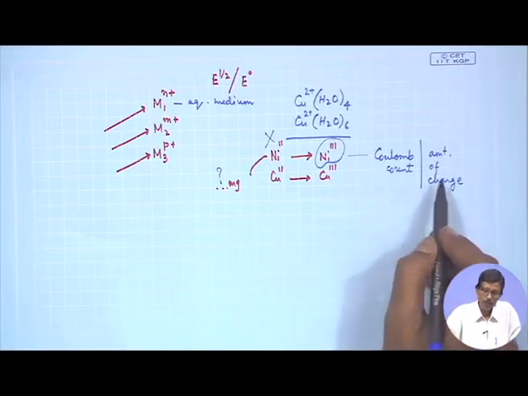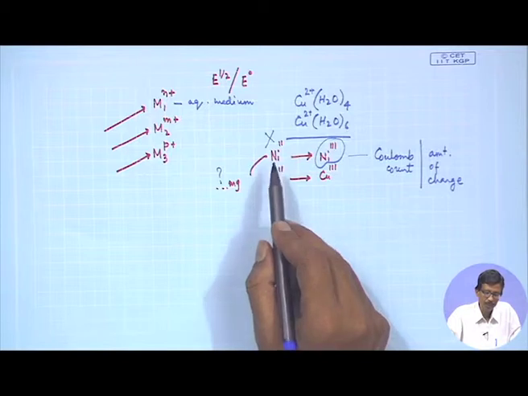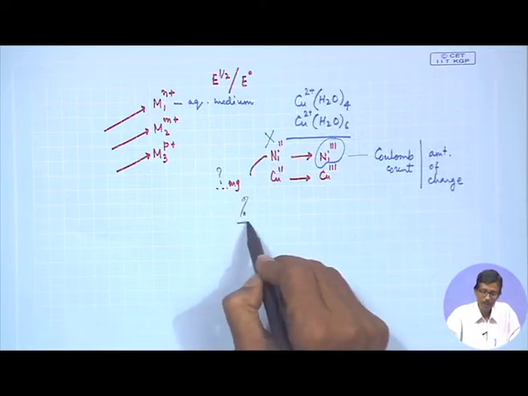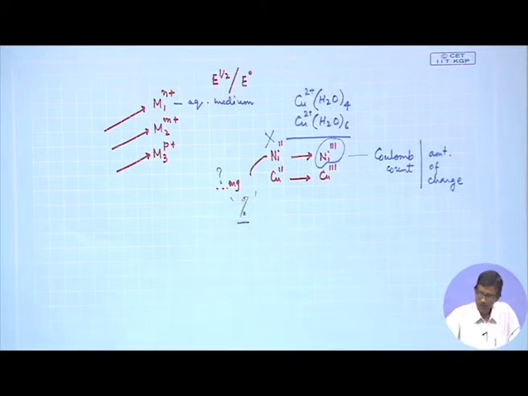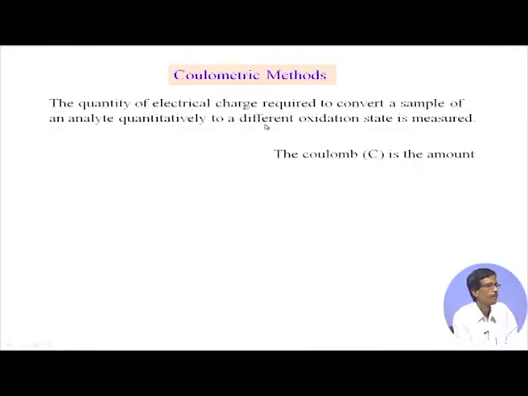So, by knowing the amount of charge, you can find out the amount originally present as well as its purity, that means the percentage of that particular sample if it is present with other species within the solution or in the powder form which has been taken to this solution.